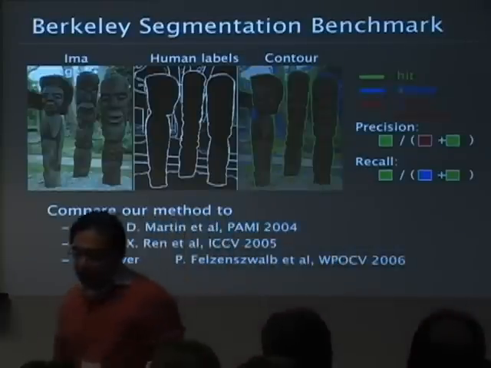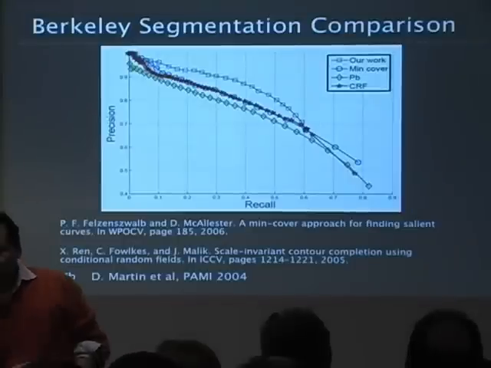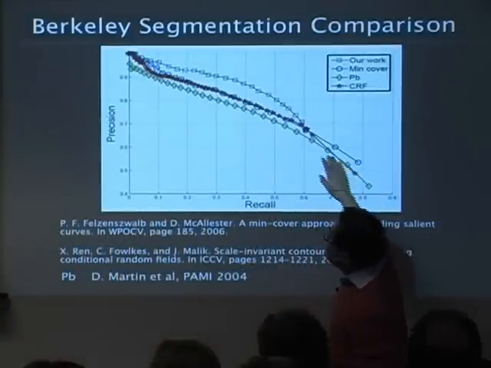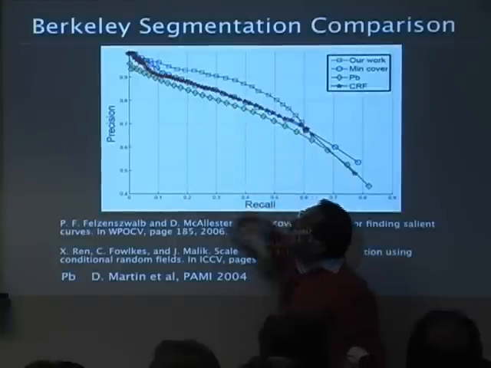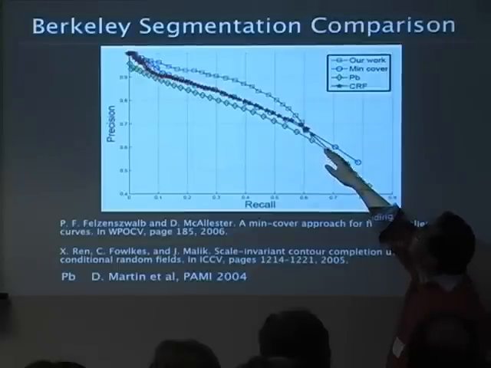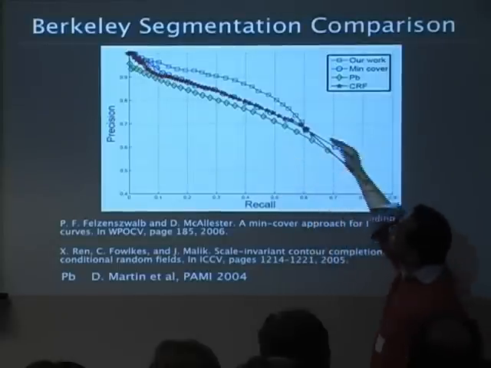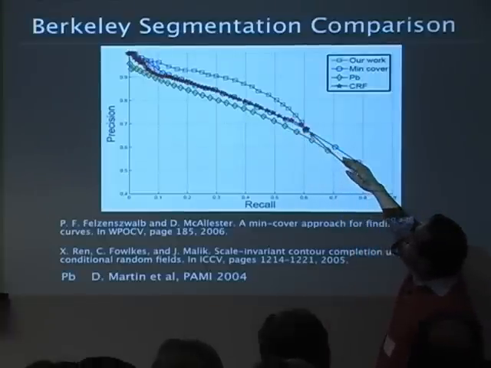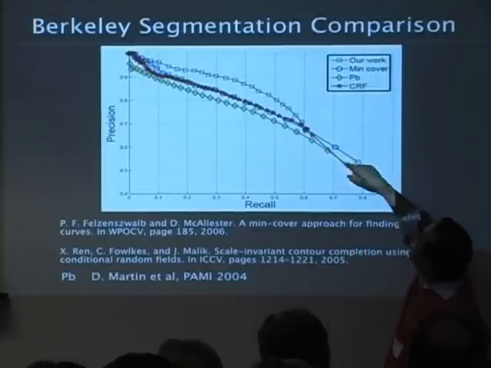So we look at the precision-recall performance, and this is the baseline these days. This is called the probabilistic boundary detector from Berkeley, PB. There are two more global methods. One uses a CRF, work done by Xiaofeng Ren at Berkeley. The other is by Pedro from the University of Chicago, a method called minimum cover.